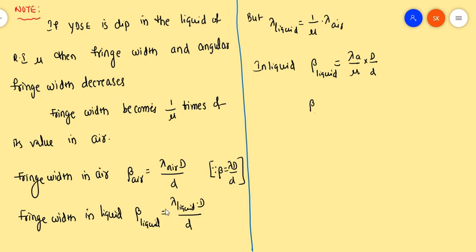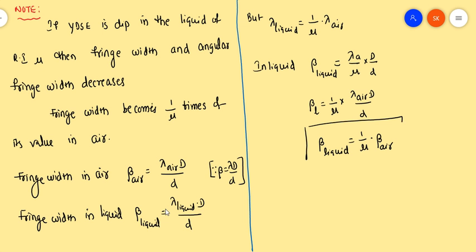From this we write beta in liquid is equal to 1 by nu times of lambda in air into capital D by small d. This is beta in liquid is equal to 1 by nu times of beta in air. Okay, means the fringe width becomes 1 by nu times.